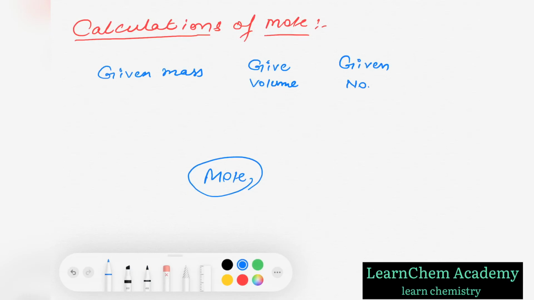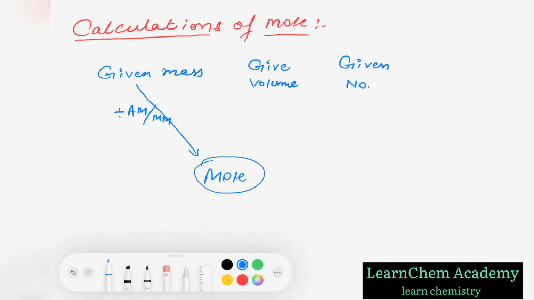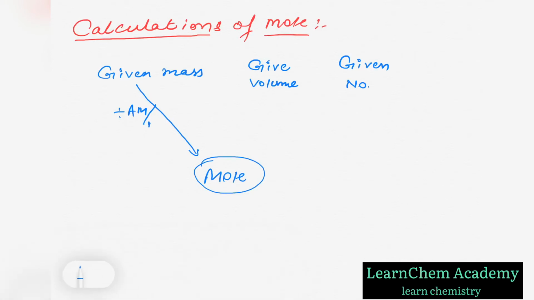So if mass is given, we divide the given mass by its atomic mass or molecular mass, and we will get moles.